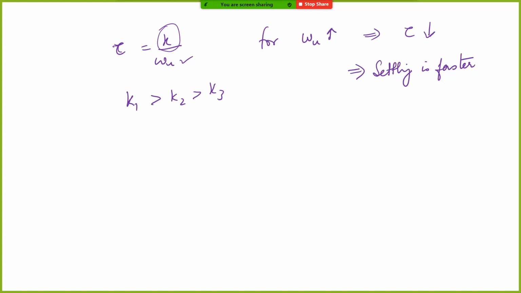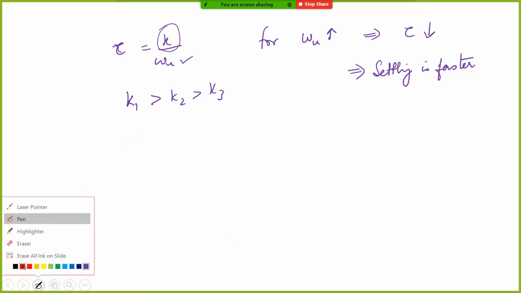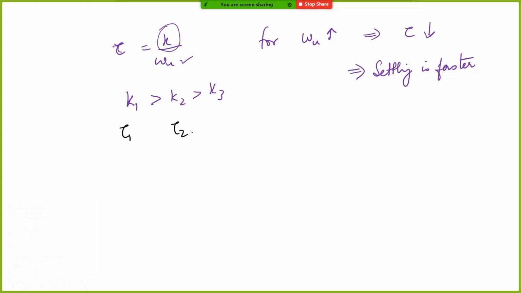Now, same integrator, all we are doing is changing the feedback ratio. If you change the feedback ratio, having K1, K2 and K3, how will tau 1, tau 2 and tau 3 behave? Which tau will be greater?